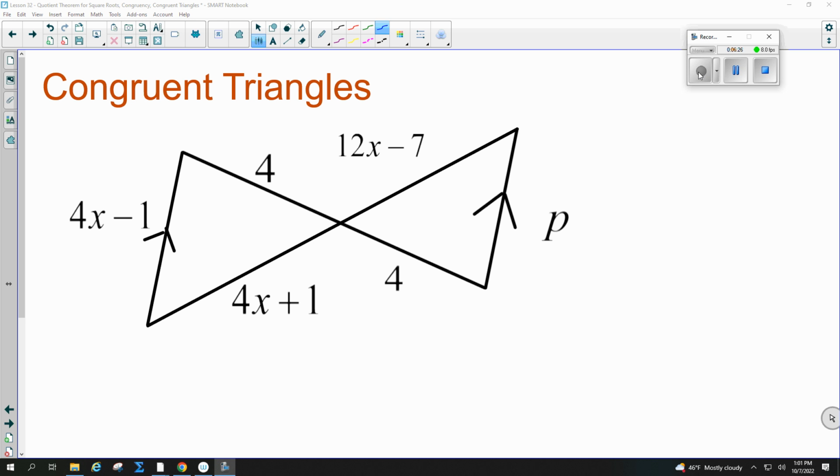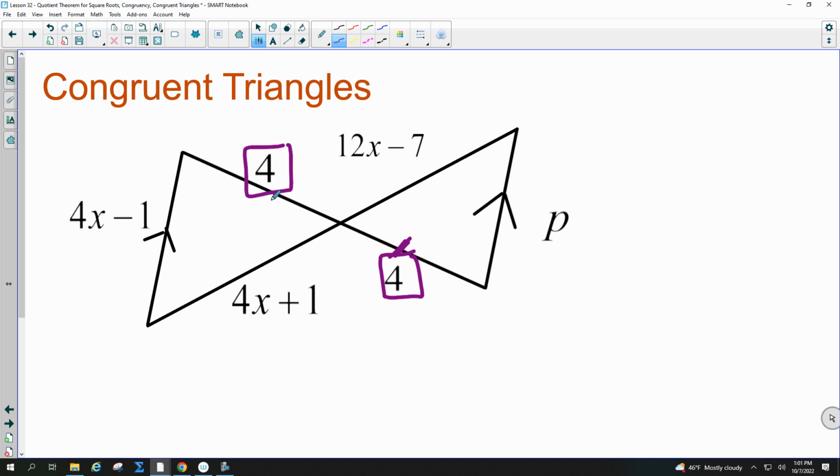James? Oh, Alex? Yes. The 4 side. Very good. So right here, you guys, I know that 4 equals 4, right? Weird. I know. So I put a little tick mark there to be like, yep, those are congruent.